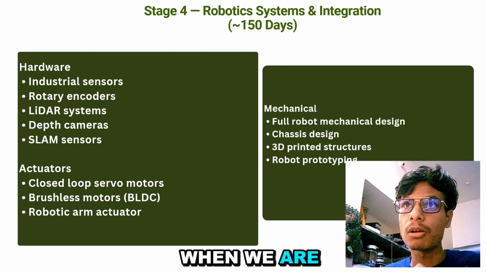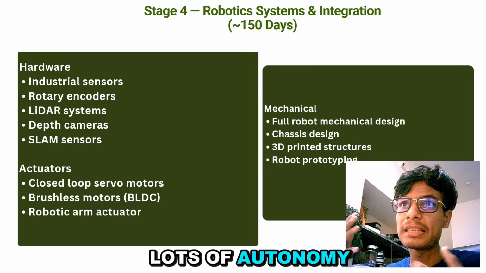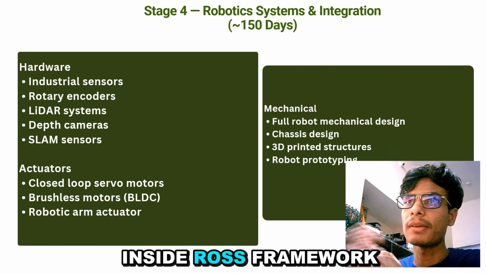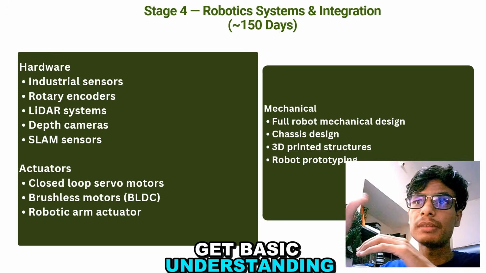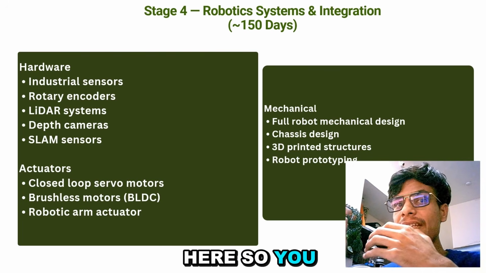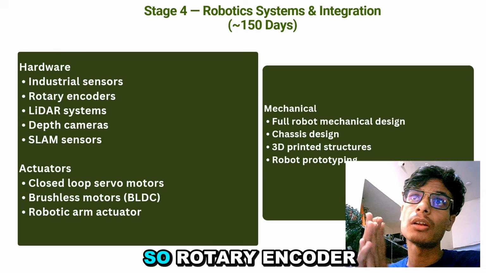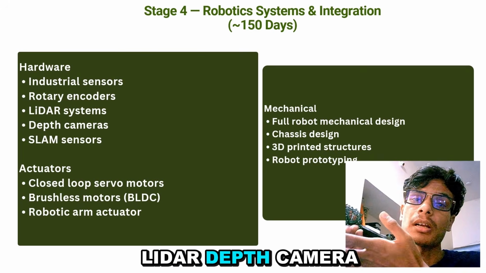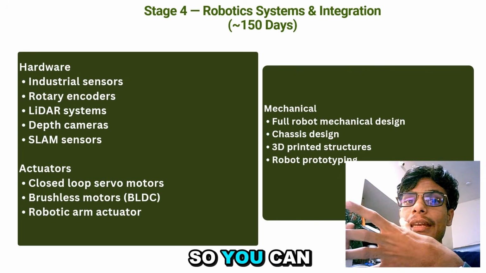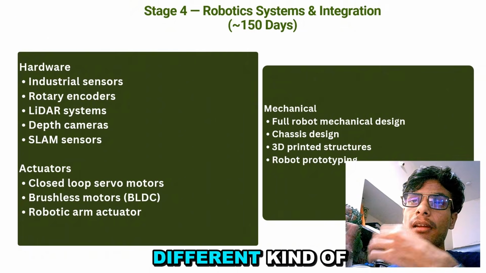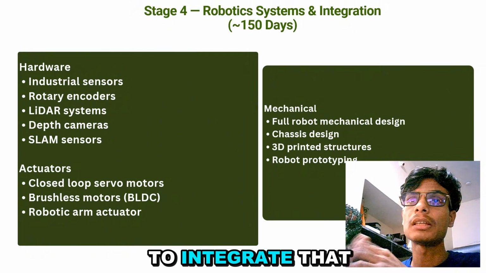And when we are talking about autonomy, lots of autonomy is actually working inside the ROS framework. You need to get a basic understanding of these hardware pieces here, so you can get started with robotics: rotary encoders, lidars, depth cameras, SLAM sensors. You can actually use depth cameras and different kinds of cameras to integrate with ROS.